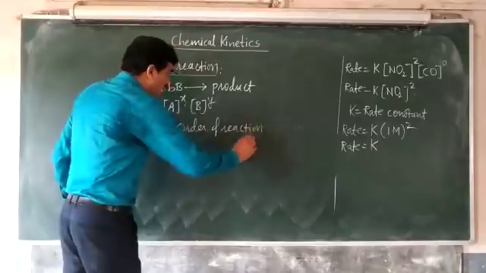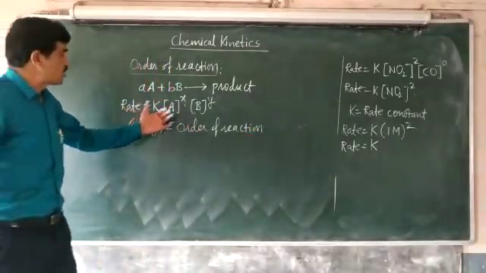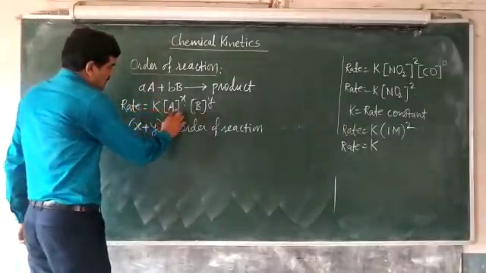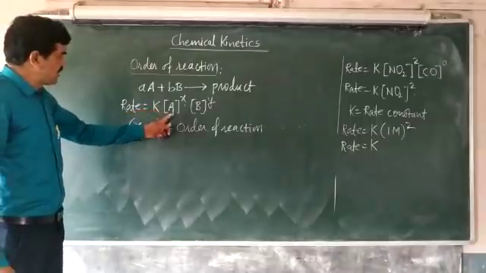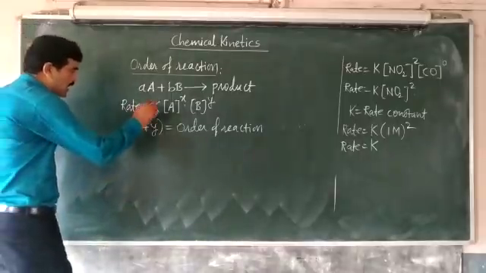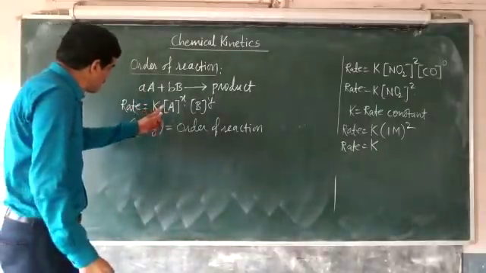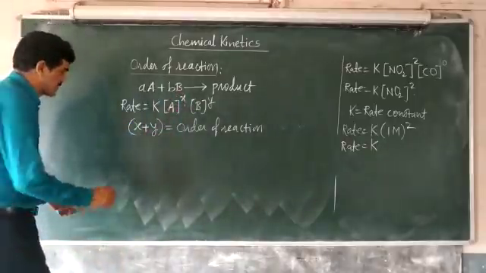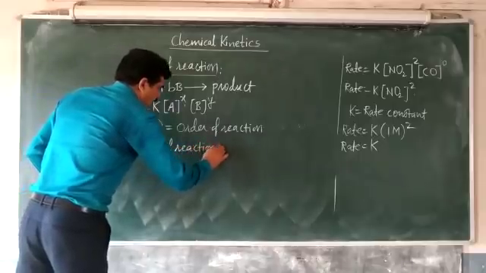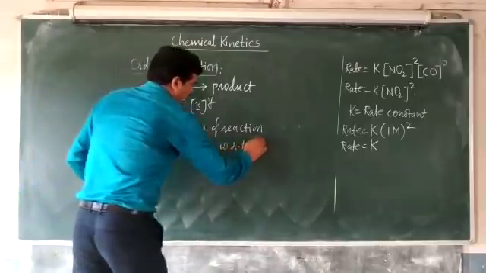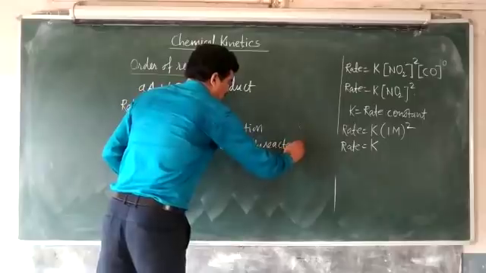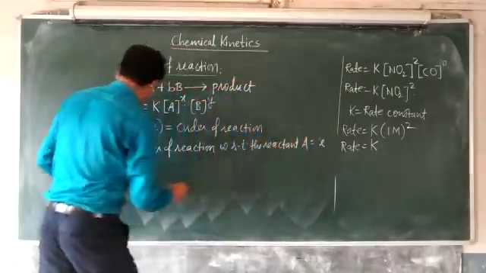This is the overall order of the reaction. The order of reaction may also be given in terms of each reactant. Here, the exponent which is raised to the concentration term of A is x. Therefore, the order of reaction with respect to the reactant A is x.